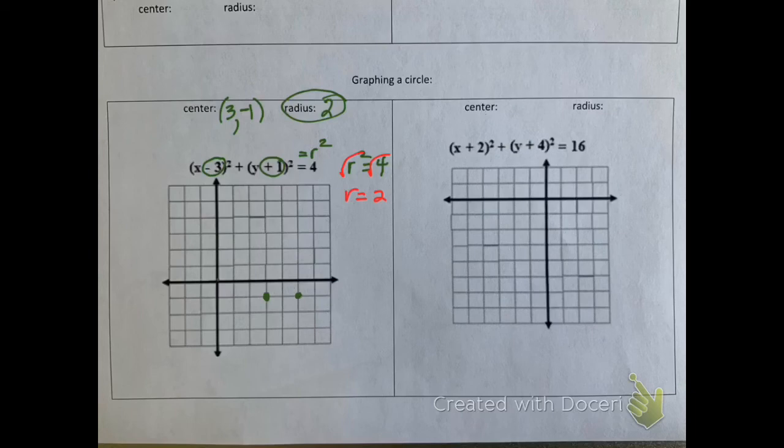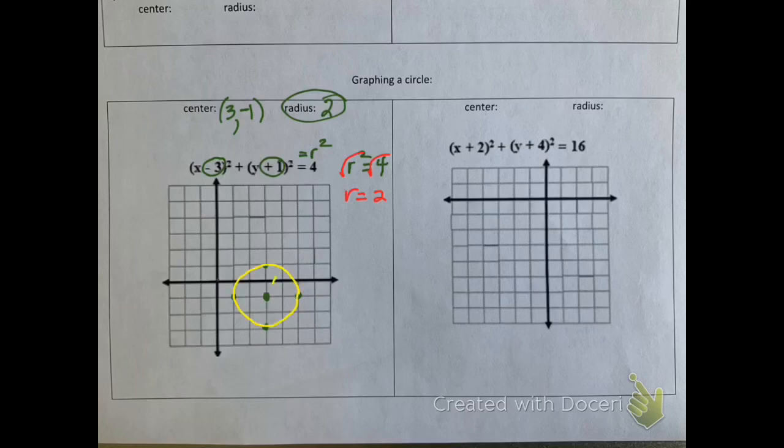So here's 2 to the right. I'm going to go back to the center, and then I'm going to count 2 to the left, which is right here. Back to the center, I'm going to count 2 up, back to the center, and then count 2 down. So if you draw 4 more points like we did here, that would make a pretty decent circle in order to connect. So there's my circle.